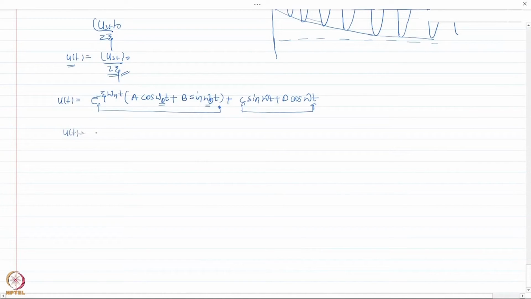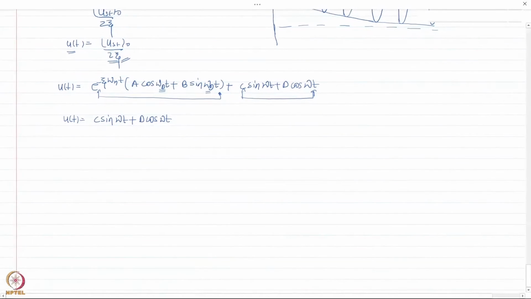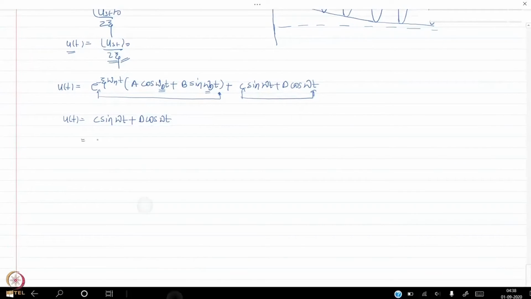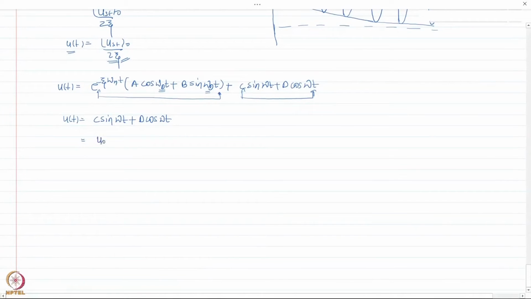So the steady state response is C sin omega t plus D cos omega t, where the expressions for C and D I have already presented. Now you know that this kind of expression can always be written in another form.